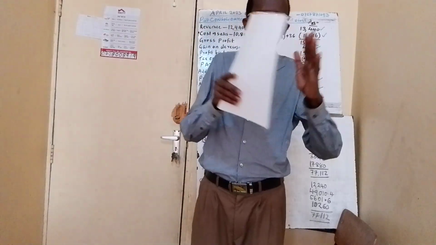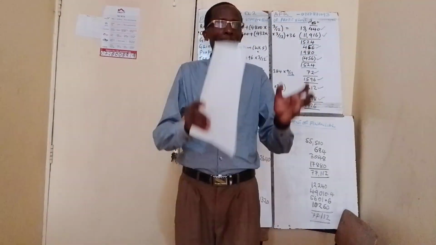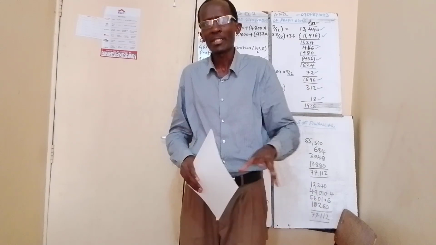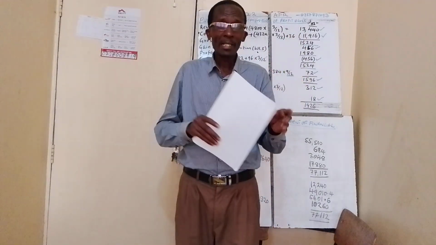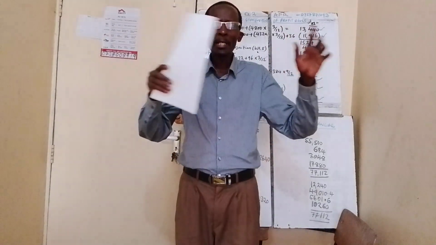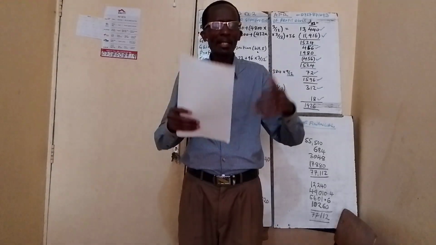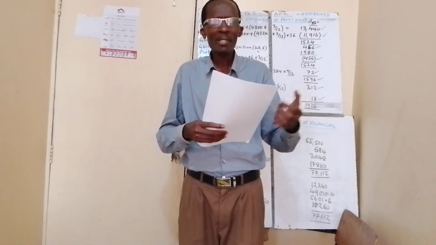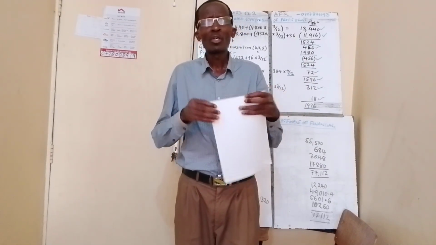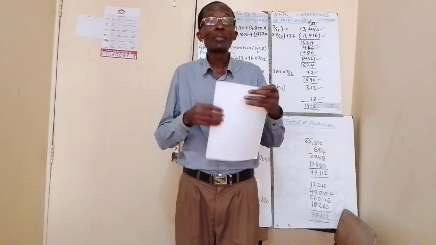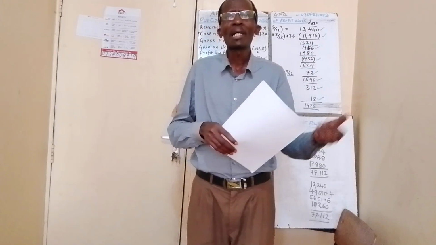So anytime you see an item like a building where manufacturing takes place, then understand that the investment allowance you've been granted on that particular building is 50% of the qualifying cost.